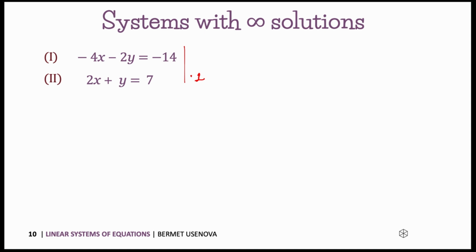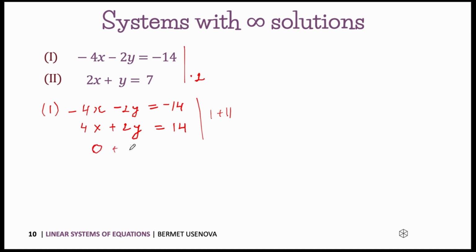We multiply the second equation by 2 and leave the first equation as it is. So we have -2y minus 14, and here we'll have 4x plus 2y equals 14. Now we will just add them up, first plus second. We will have 0 here and 0 here and also 0 here.